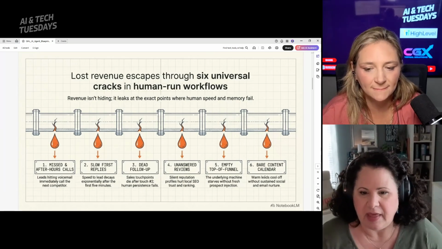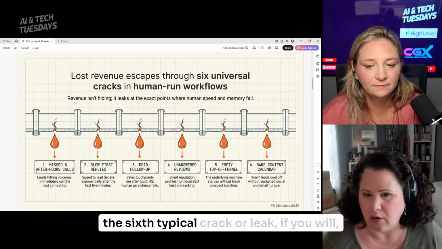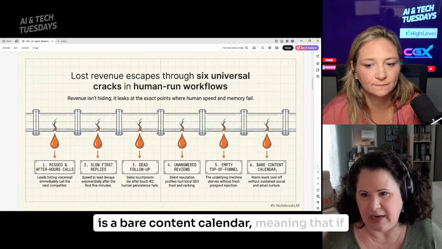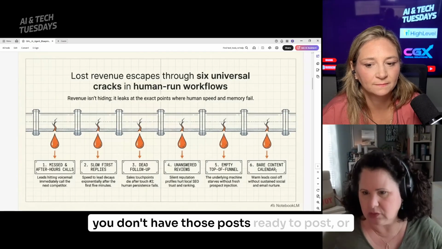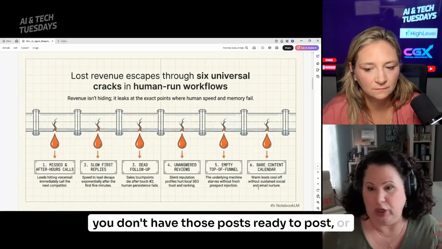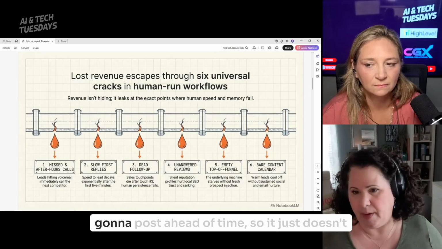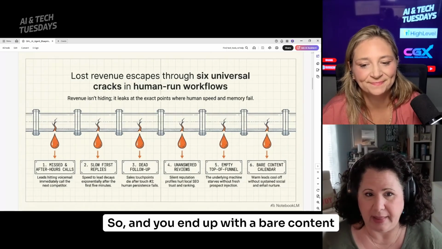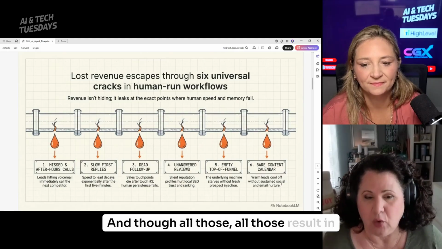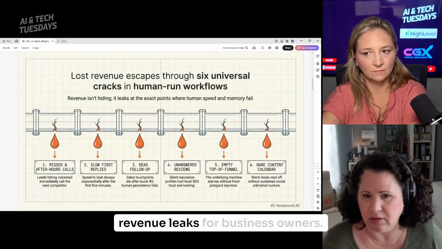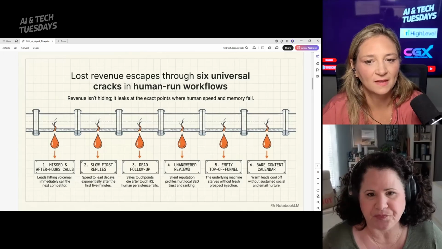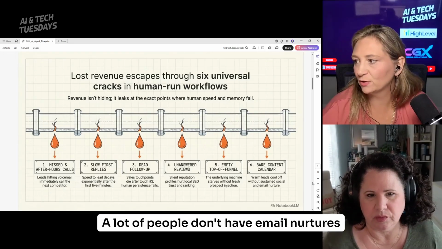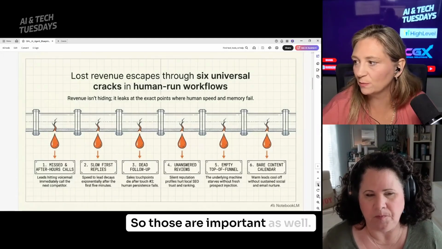The sixth typical crack or leak is a bare content calendar, meaning that you don't have those posts ready to post, or you don't even have an idea of what you're going to post ahead of time, so it just doesn't happen. And all those result in revenue leaks for business owners. It also says email nurture. A lot of people don't have email nurtures going on either, so those are important as well.